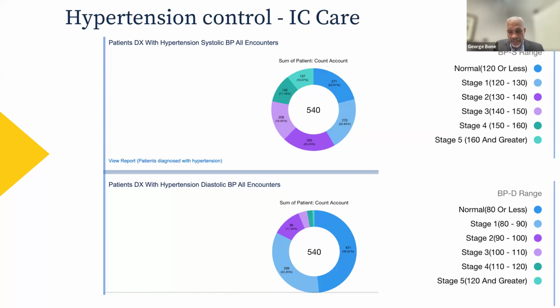We all know the definition is getting progressively tighter, so that the control population will get harder and harder to accomplish. But with the comparison of 140 over 90, we were actually doing very well. Next slide, please.